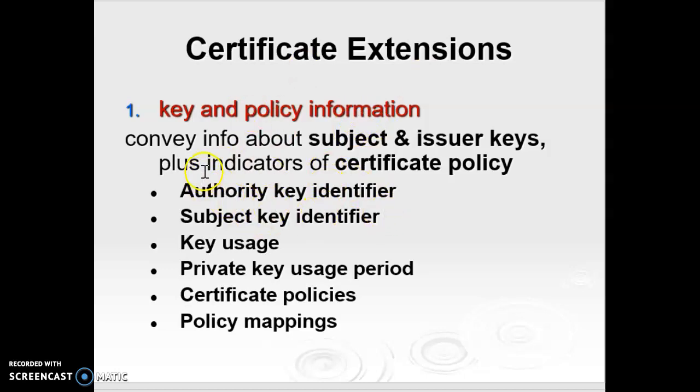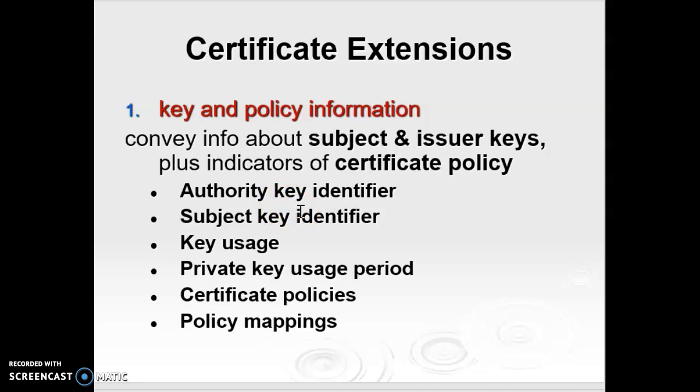Now the key and policy information has the following fields. Authority key identifier, which is the identification of the public key used to verify the signature. It is the identity of the key, the identifier of the authority key. Authority means verification of the certificate or CRL.